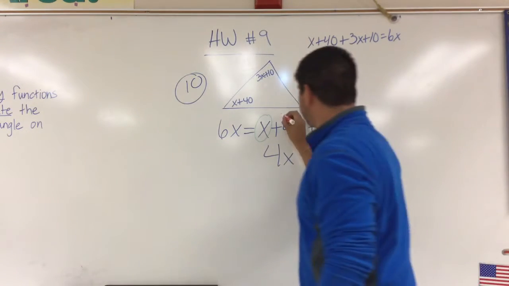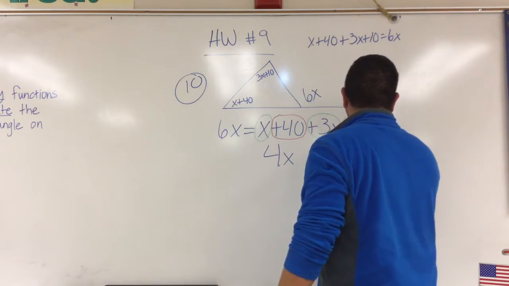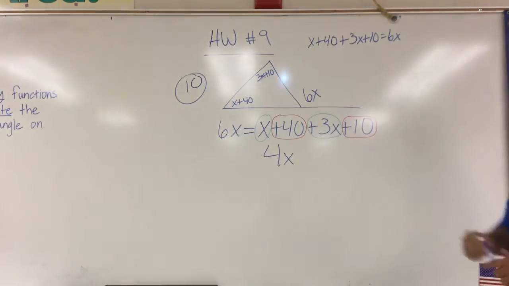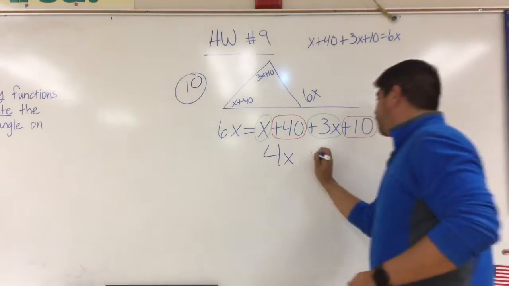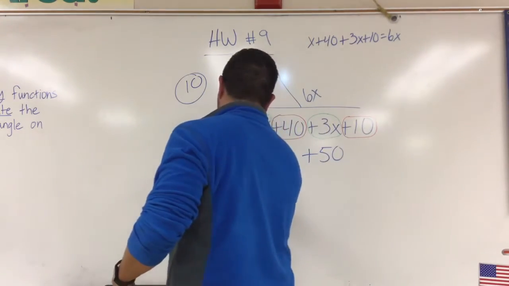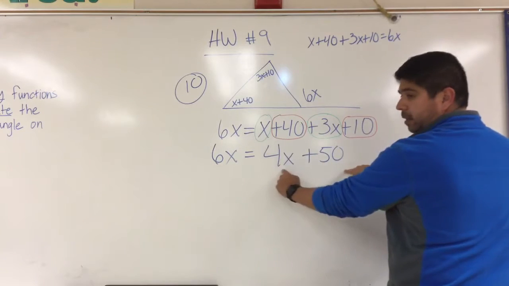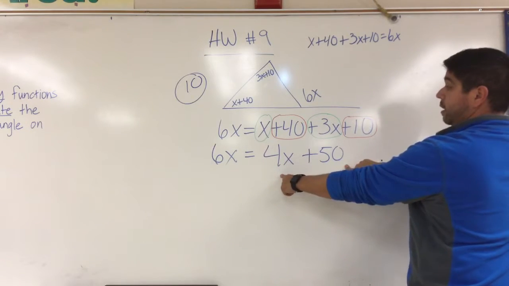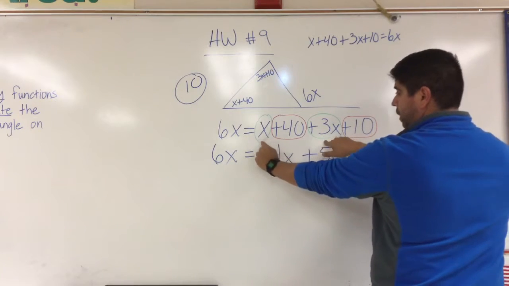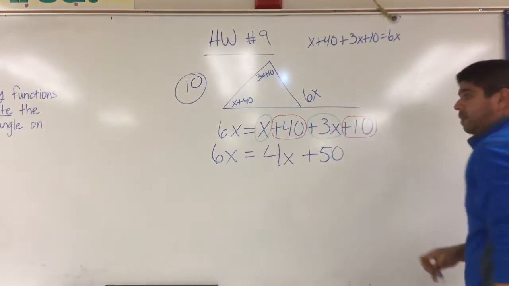So plus 40 and then plus 10. 40 plus 10 is 50. So 4x plus 50, and of course it equals 6x there. So all I did was combine these like terms to make it a little bit smaller. Instead of 4 terms here, now I just have 2, because I combined the two x terms and then the two that don't have an x.